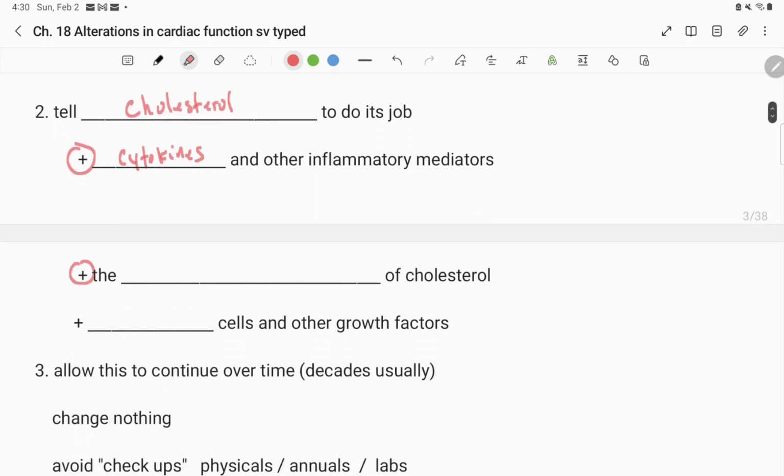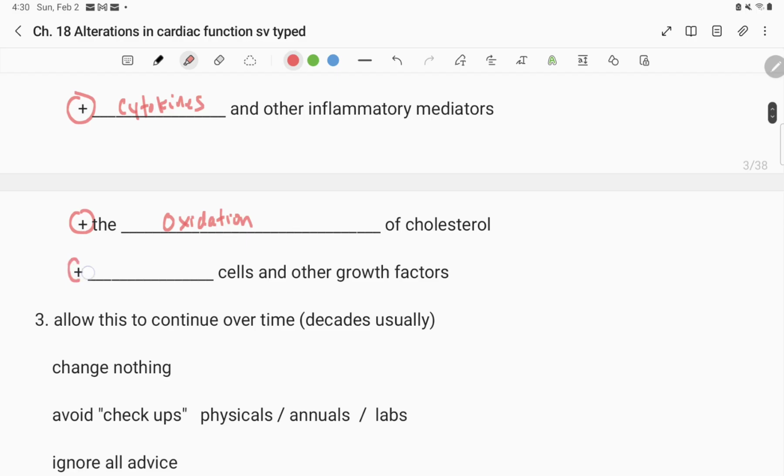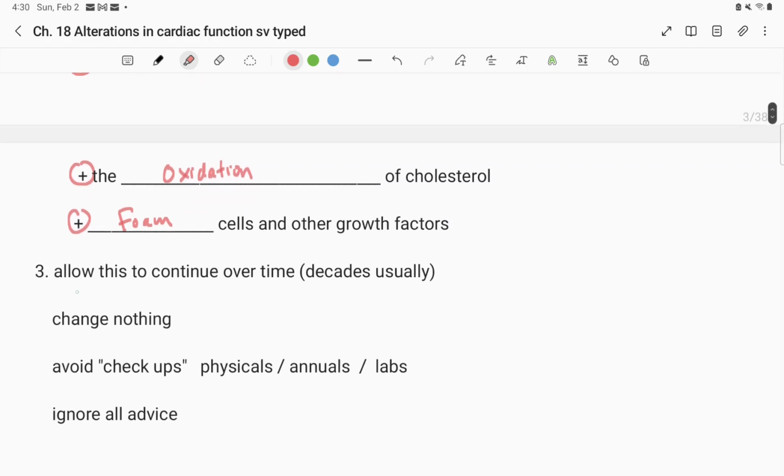Then you're going to activate the oxidation of cholesterol. Then activate foam cells and other growth factors. Then in number 3, allow this to continue over time.